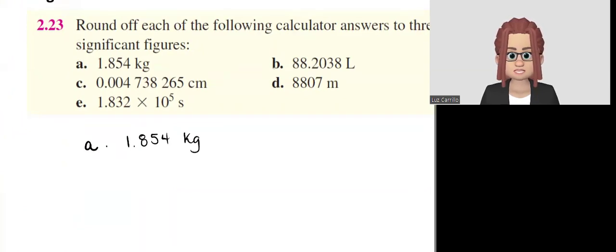Since I need to round to 3 sig figs, I need to find from left to right, where are my 3 significant figures located? So when I do this, 1, 8, and 5 are significant. So 5 is the one that I'm going to underline. Let me highlight this again.